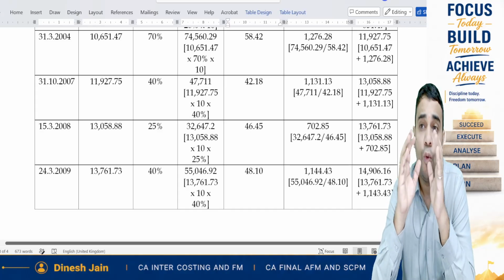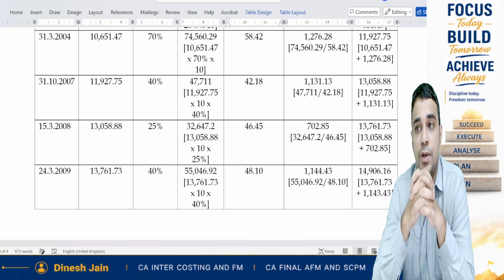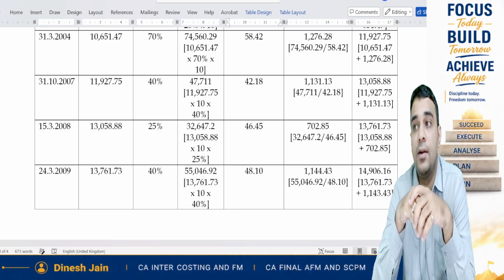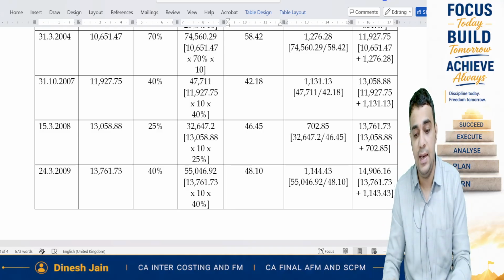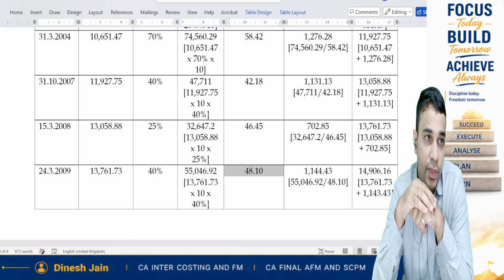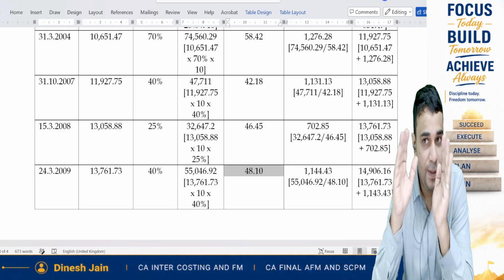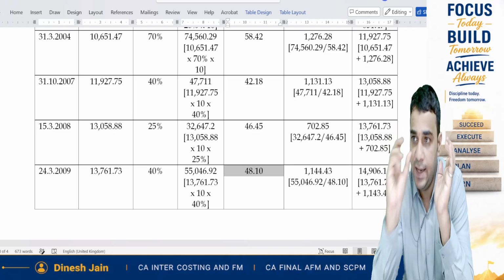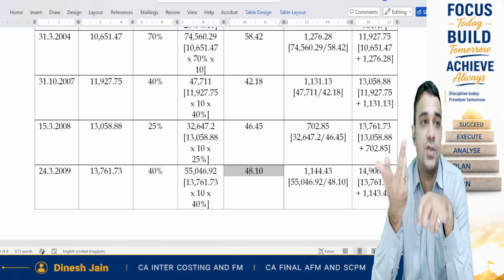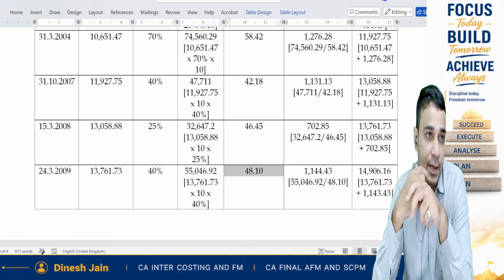Last one. What was the cost of acquisition of bonus units? Keep participating. Zero. The cost of acquisition of dividend reinvestment is the NAV on the date of reinvestment. Basically, what will happen in the practical world is that the dividend will be taxable and the dividend amount is taken as the cost of acquisition whenever you do the capital gain calculation.